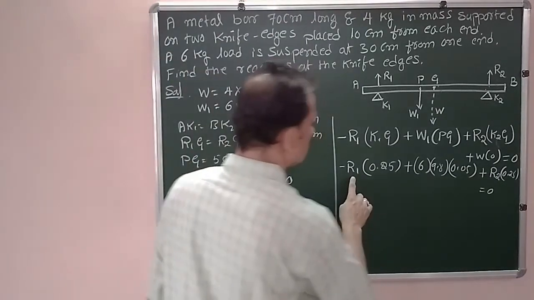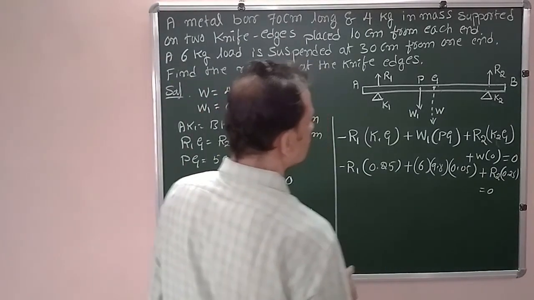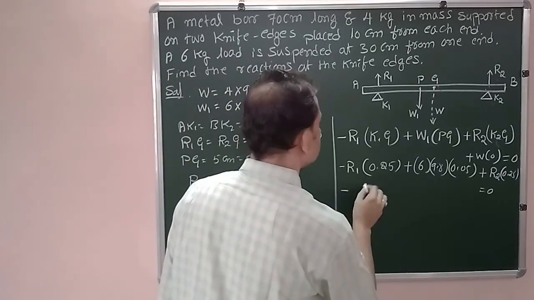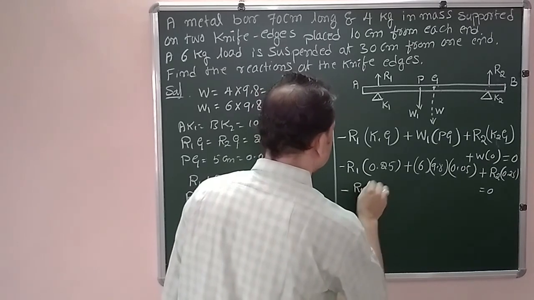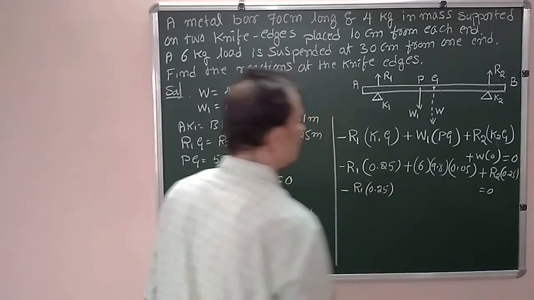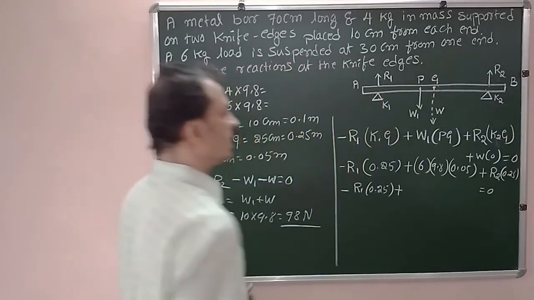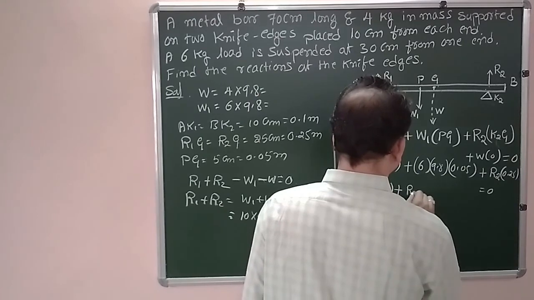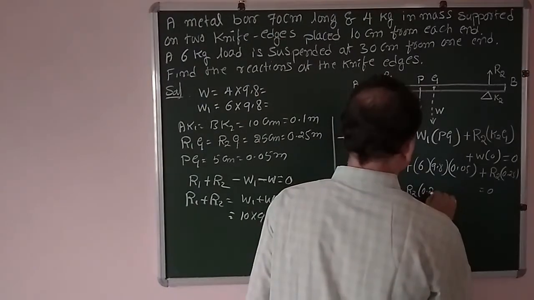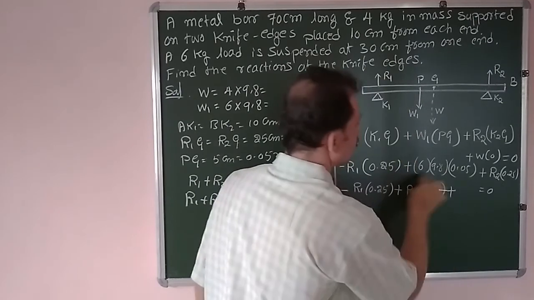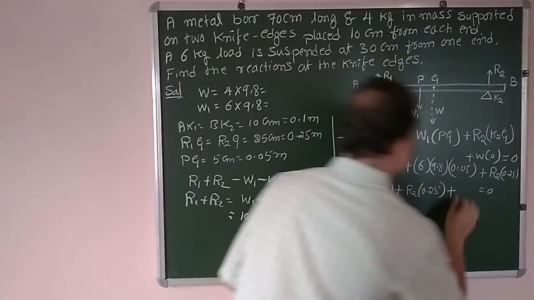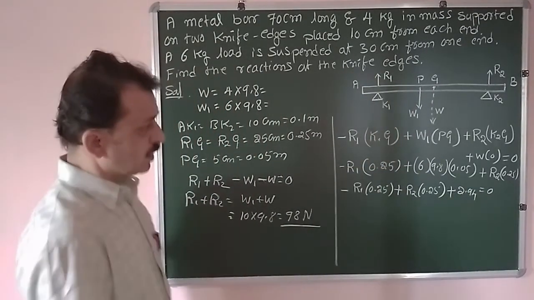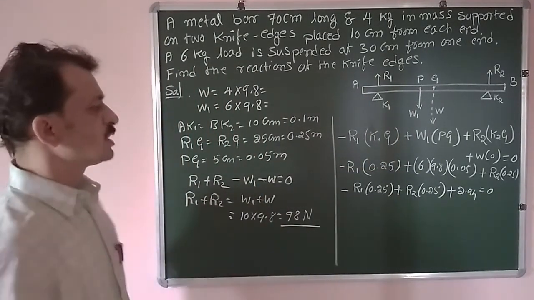Okay. Now simplifying this, minus R1 into 0.25 plus R2 into 0.25 plus, if you multiply this one, I will get 2.94, that is equal to 0.